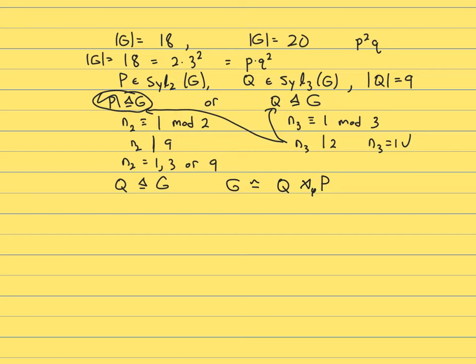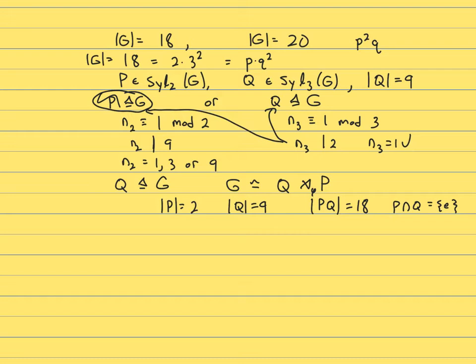Because P and Q have coprime order, and Q is normal, so P times Q is in fact a group, and it has the same order as the whole group, and P intersect Q is the trivial subgroup. So G is the internal semi-direct product of Q and P.